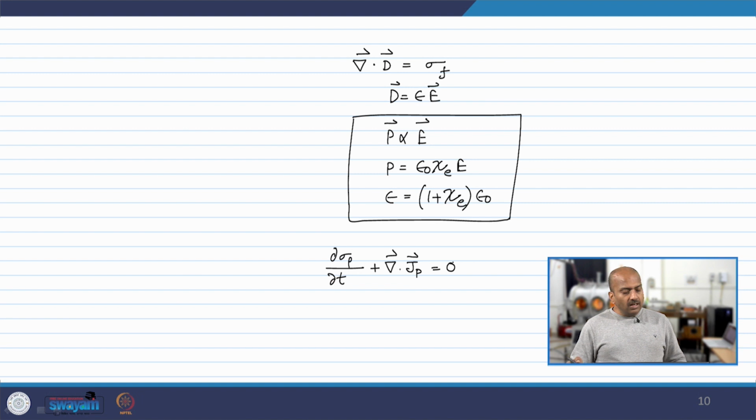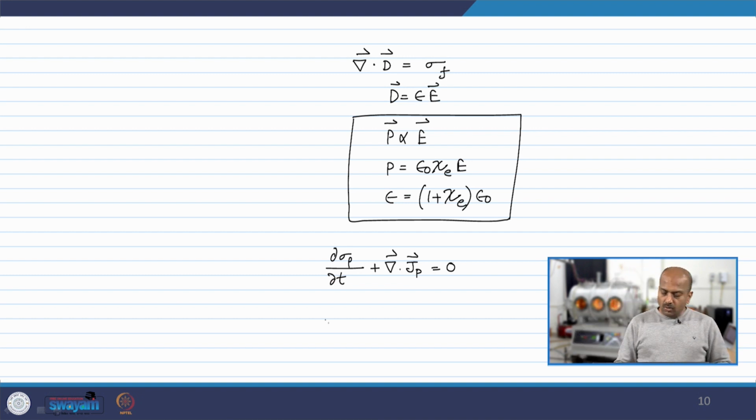So, the polarization current density will not come into the picture unless the electric field is changing with respect to time. You have to remember the fourth Maxwell equation, which connects del cross B to something plus dou E by dou t. So, the polarization current density will only be valid when the electric field is changing with respect to time.